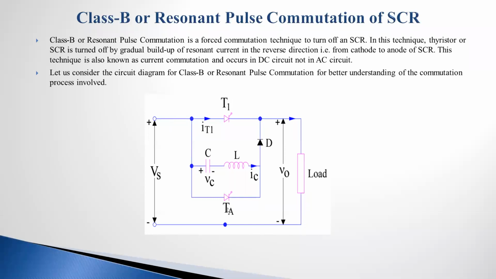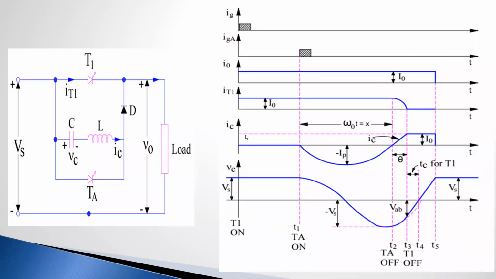Here the thyristor T1 is the main thyristor, and L and C is the inductance and capacitor as the resonant circuit, and one more thyristor we are using is called the auxiliary thyristor, represented by TA. Clear? See the operation of this circuit.